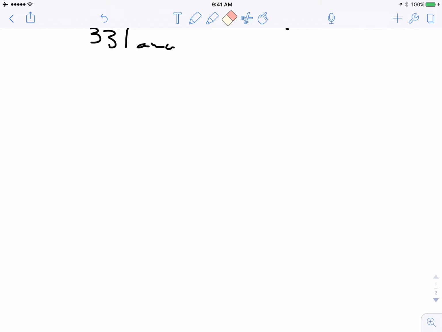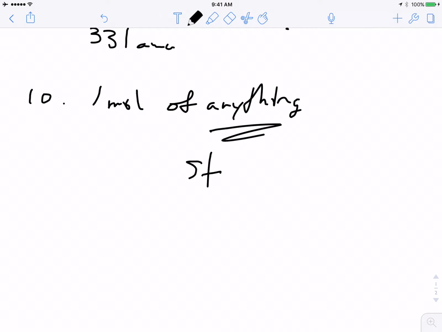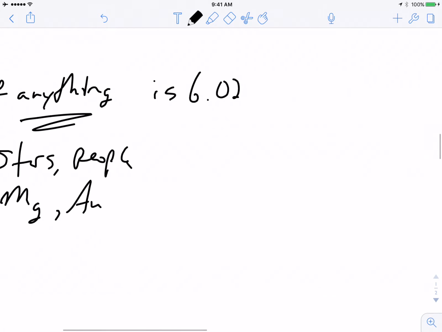Number 10. So let's see here. Number 10. 1 mole of anything we're referring to, stars, people, magnesium, gold, whatever. 1 mole of anything is a specific number, 6.02 times 10 to the 23rd.